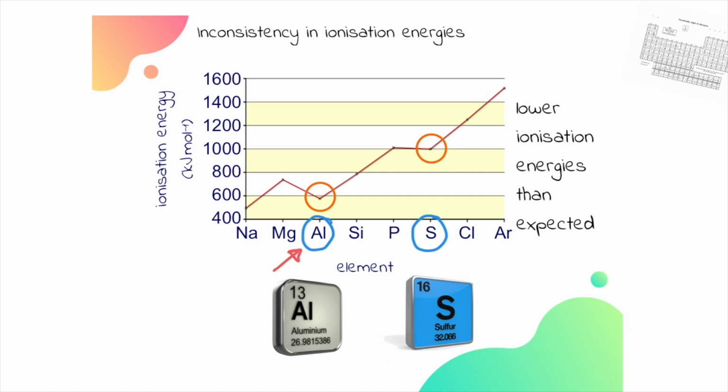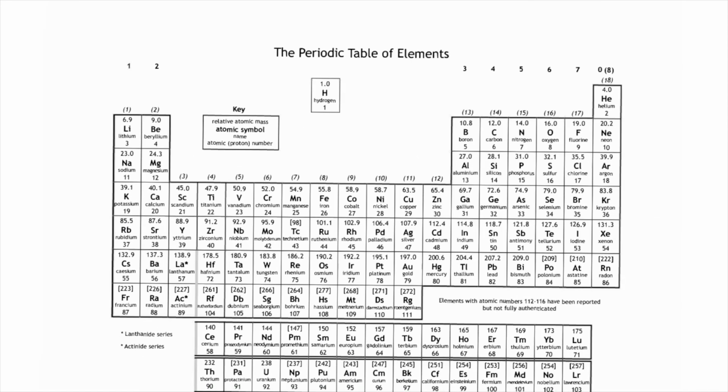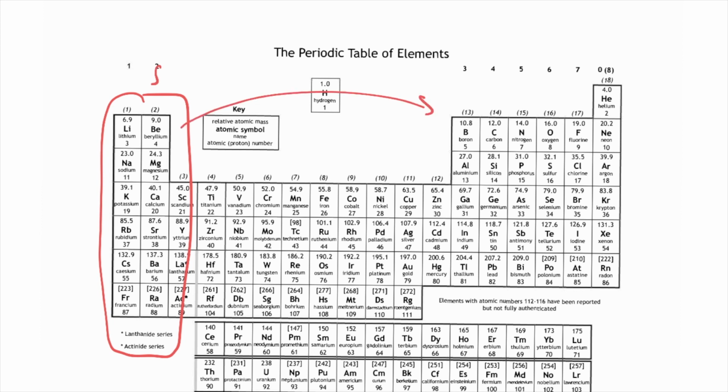In those elements, we're turning from block S in the periodic table, which you remember from the previous class is known as block S, to this block of the periodic table, block P. Moving from this block to that block, we find that the electrons of aluminium are slightly further from the nucleus than the electrons of magnesium. So that makes the ionization energy of aluminium slightly lower than that of magnesium, unlike what we are expecting.